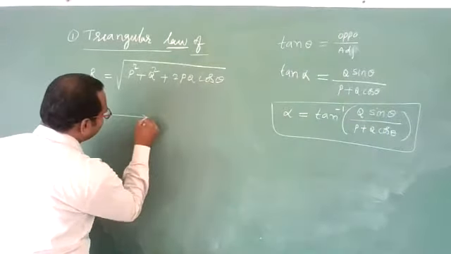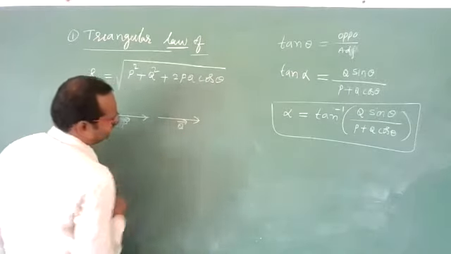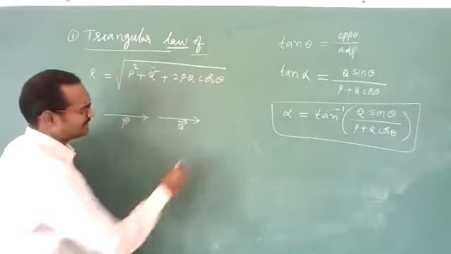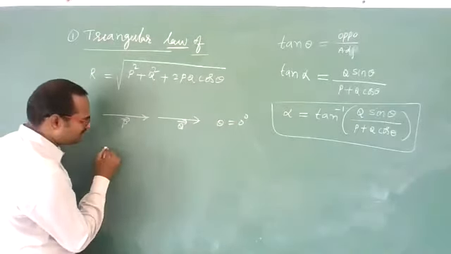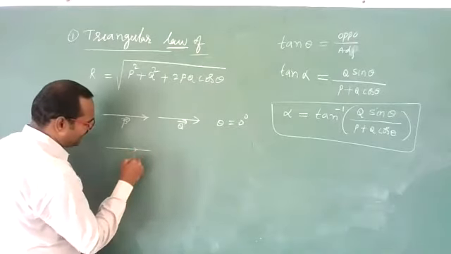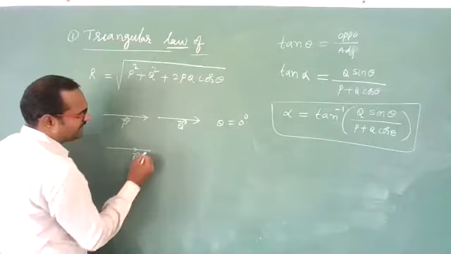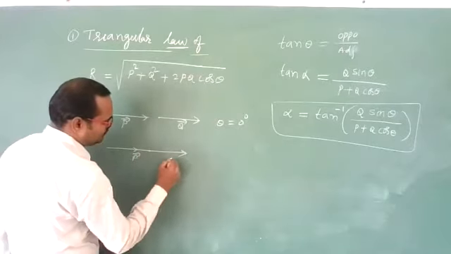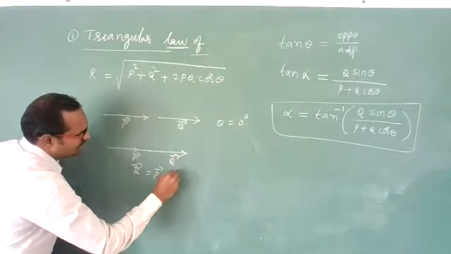One vector is like this, p bar, and another vector is also like this, q bar. What is the angle between them? The angle between them is 0 degrees. Just bring the tail of q bar and keep it in contact with the head of the first vector. So your total resultant will be p bar plus q bar.